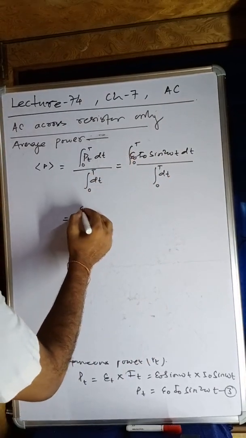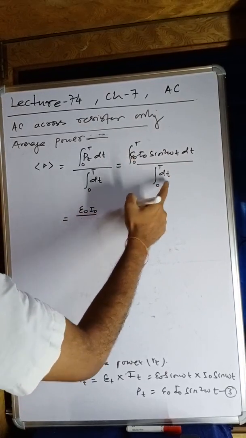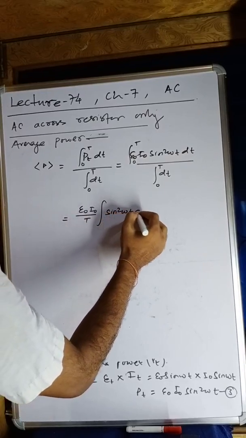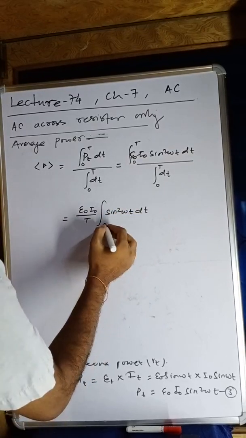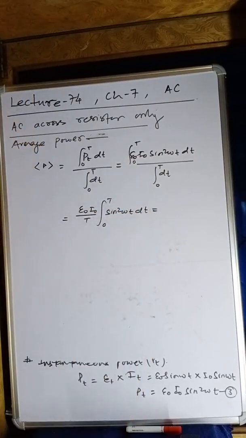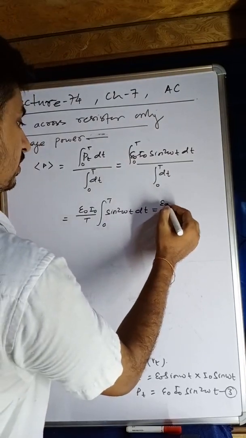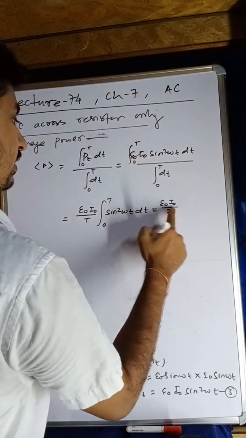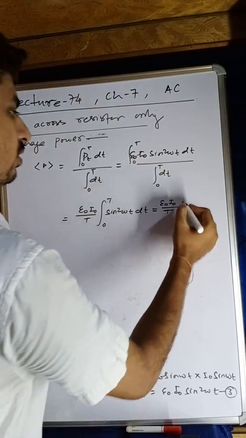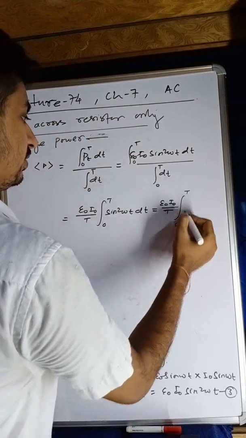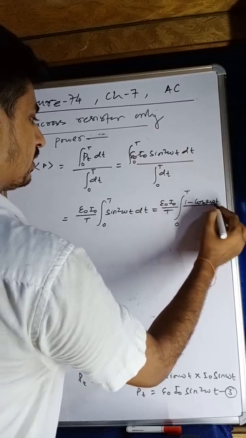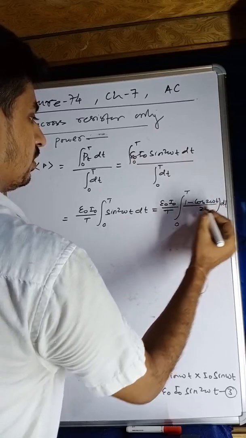E naught I naught will come out, divided by T, so we have sine square omega t dt only. Could you integrate this one? This is a square function, so you can't. We need to convert it, and I taught you how to convert it for simplicity: sine square omega t is 1 minus cos 2 omega t by 2.